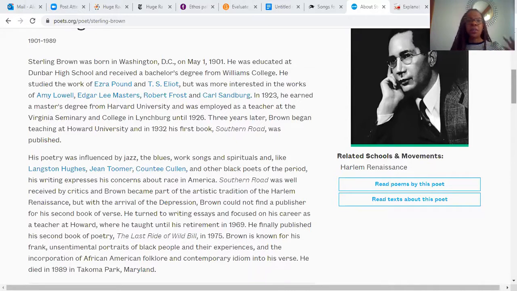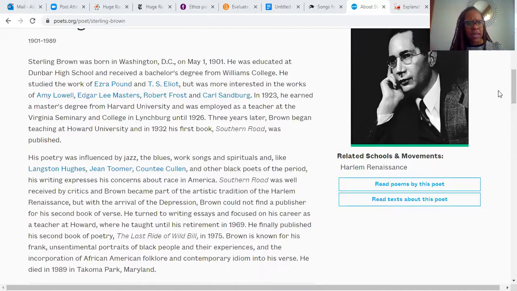Sterling Brown is young enough that he could have been influenced by the poetry of Frances E.W. Harper, and by the writing of Frederick Douglass and other slave narratives. So we have that in terms of timeline.